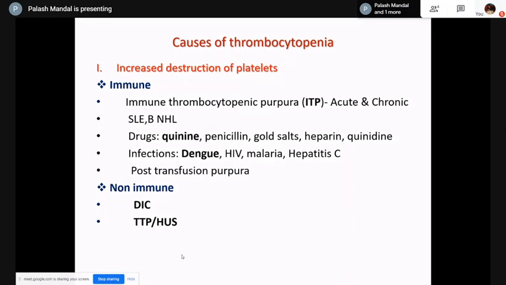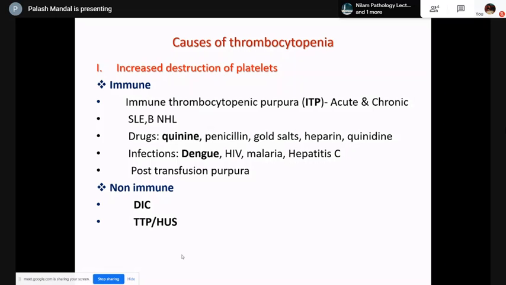We still use quinine, please remember. There are some other drugs like penicillin, gold salts, heparin, quinidine, etc. There are infections like dengue, malaria, HIV, hepatitis C, and even certain cases of post-transfusion purpura can be due to immunologically mediated destruction of the platelets.